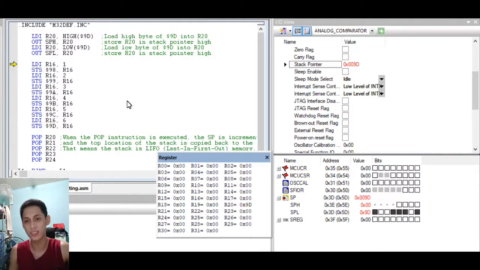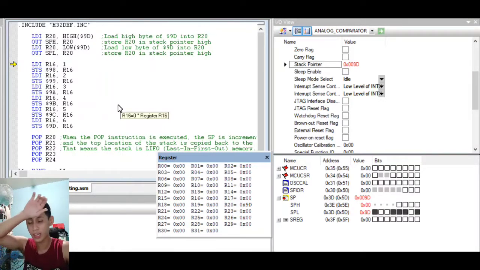And as you can see, it is here 9D, and we are going to load the following data: R16 with a value of 1, and it is STS. This STS is a command instruction to directly store data to the data space, or into memory.